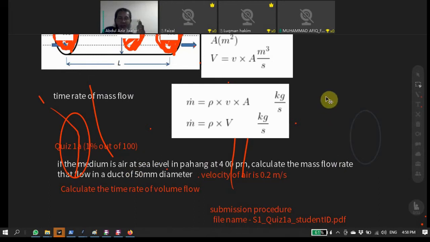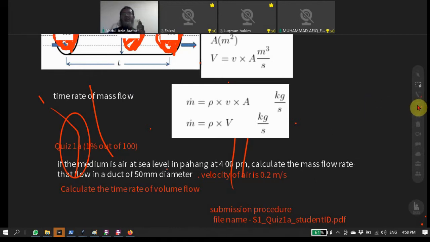Sometimes it's given. In this case, I don't give the value of density. So what you need to do is you have to use your own phone, right? So from the phone you can get the temperature of the air, right? And then you have to know what is the pressure at the sea level.